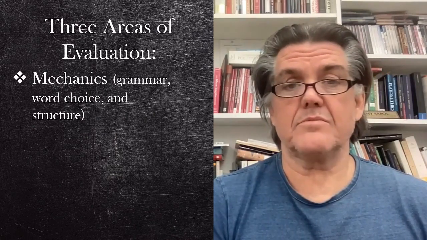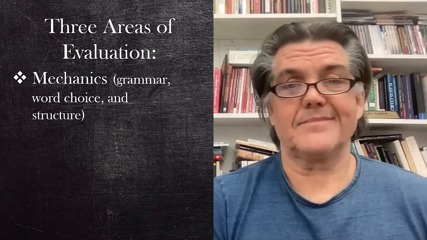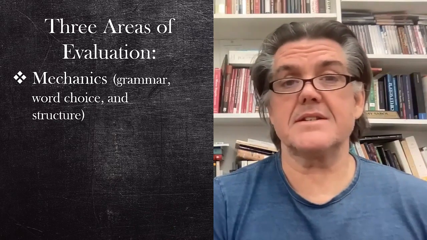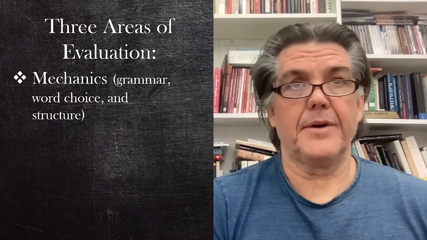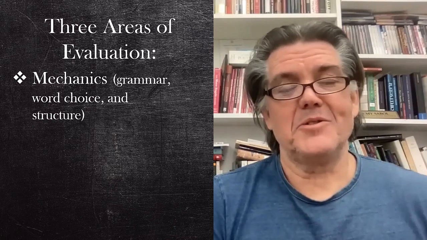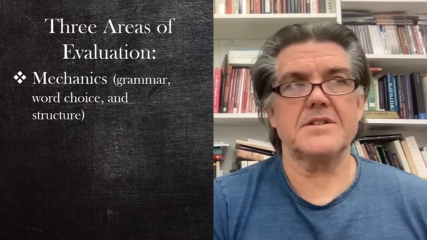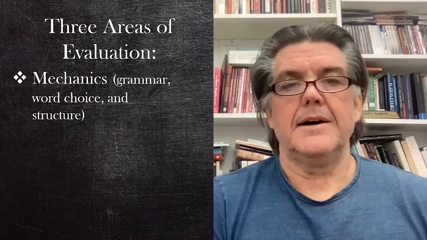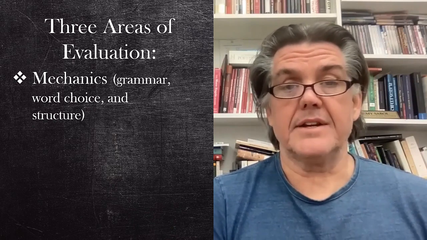The paper will be evaluated in three areas: mechanics, so that's just sentence level stuff, commas and word choice and the basic writing mechanics that you've been learning, I'm sure, in your high school classes. The second category will be evidence.